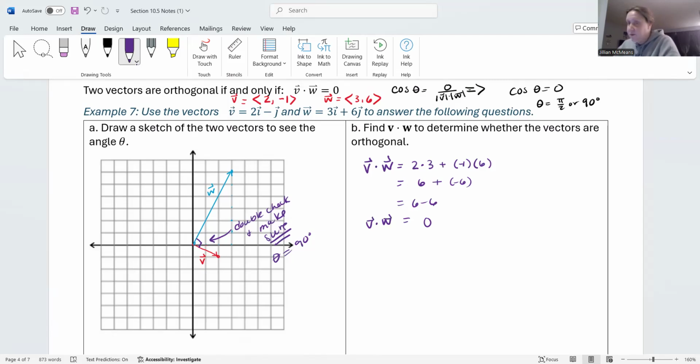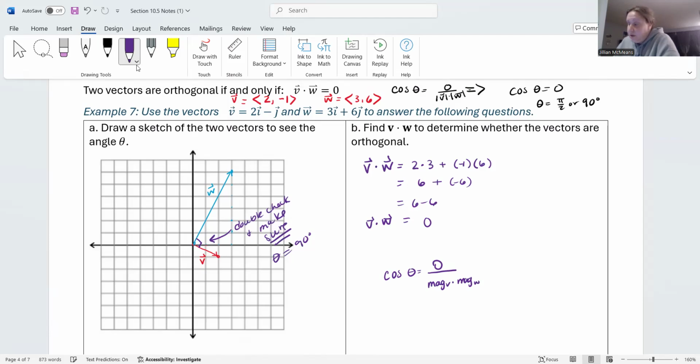That should make sense. If we wanted to find the angle between these two vectors, we would say cosine of theta equals the dot product of v with w, so that's 0 over the magnitude of v times the magnitude of w.